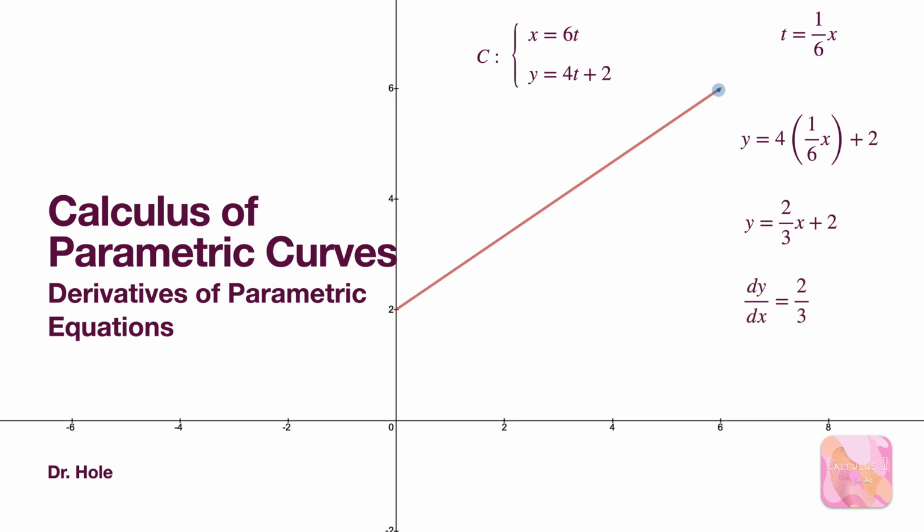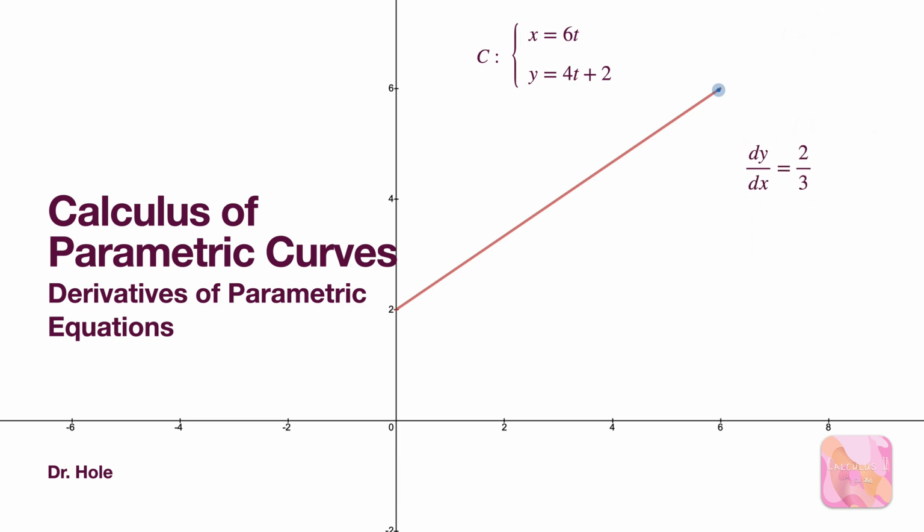Note that that means dy/dx is 2/3. But also notice that 2/3 is the same thing as 4/6, which can be written as y prime over x prime.